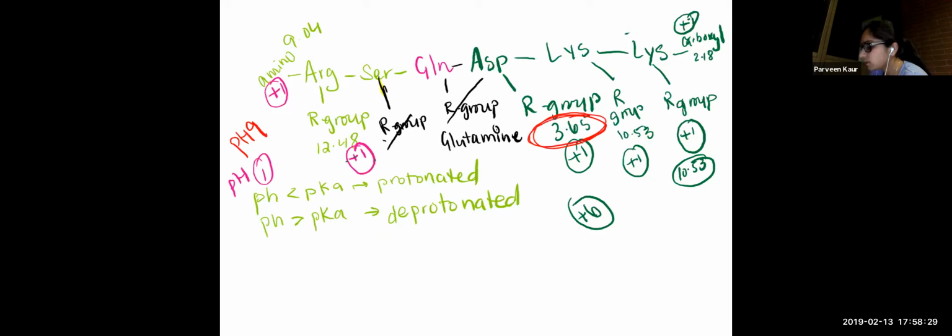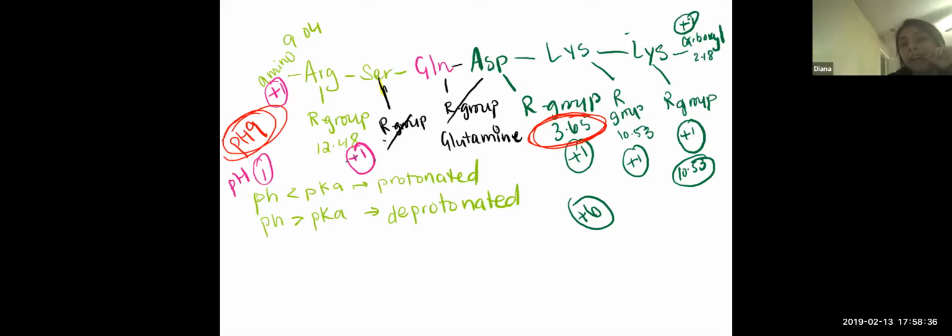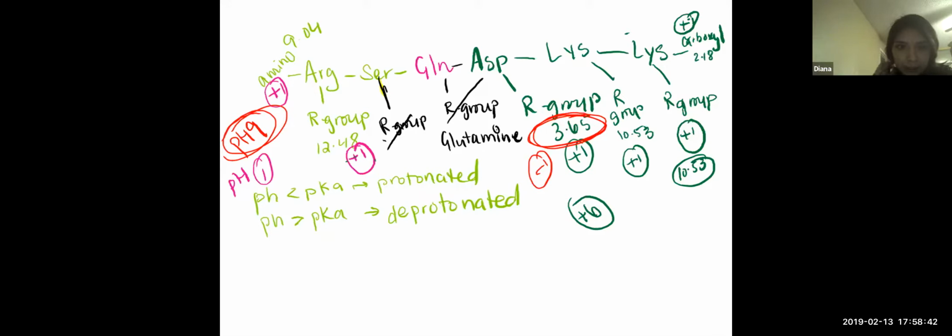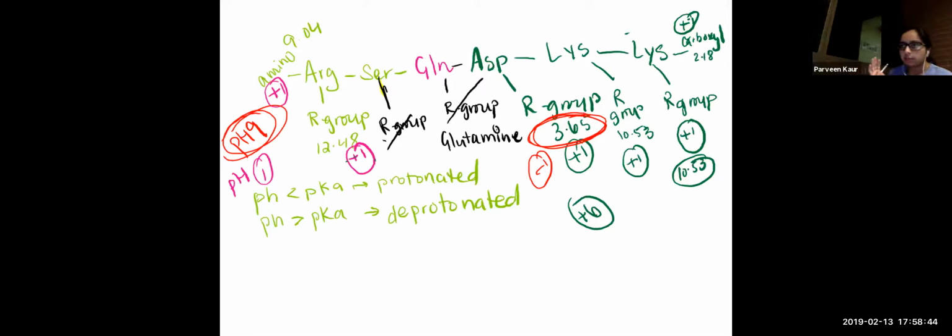In this case the pH is more than pKa, so it'll be -1. Okay, I see how it changes now. Yeah. So that'll help you to determine if it's going to be a +1 charge or -1 charge when you compare both of them.